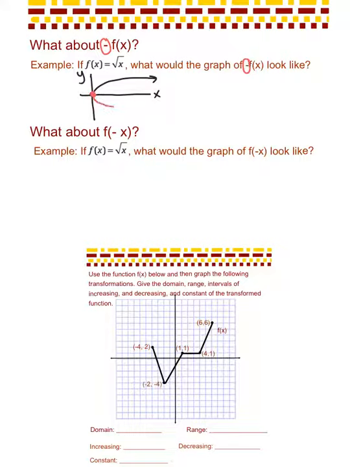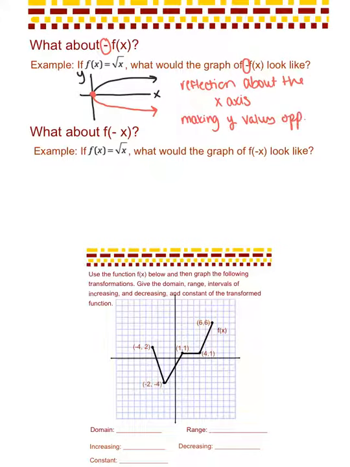When you put a negative out front, the shape doesn't change, but we have a reflection about the x-axis. It's taking all of the y values and making them the opposite sign.